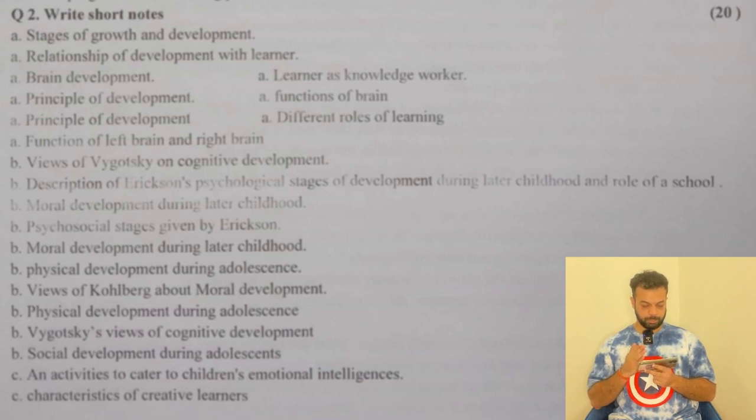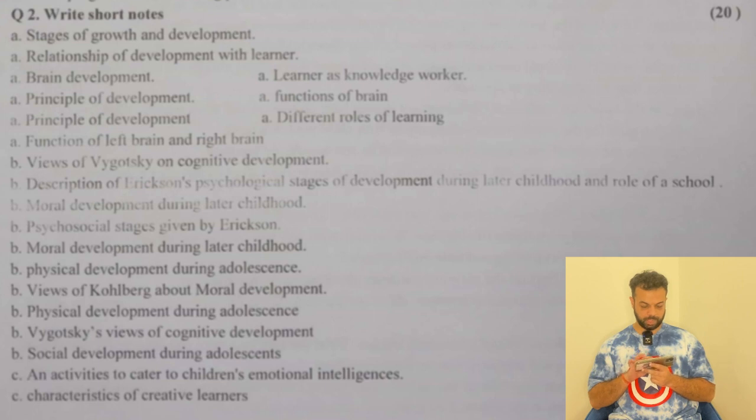Third is brain development, learner as knowledge worker, principle of development, functions of brain, different roles of learning, right? So the next is function of left brain and right brain as well. Views of Vygotsky on cognitive development.